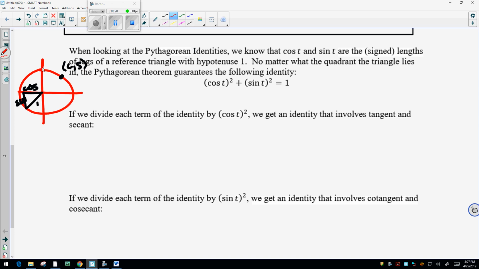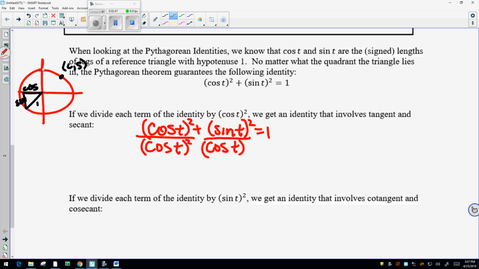Now, we can create two other identities that involve tangent and secant, and cotangent and cosecant, by just doing a little bit of algebra. So if we start with this identity, cosine t squared plus sine t squared equals 1, and divide through by cosine of t squared. If you do it to 1, you've got to do it to everything.